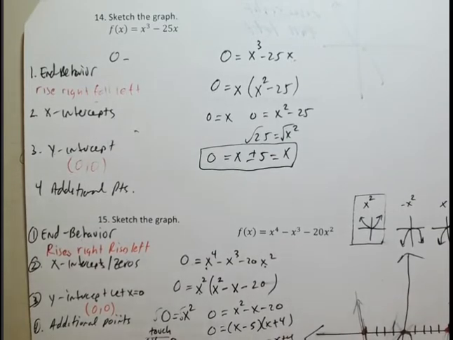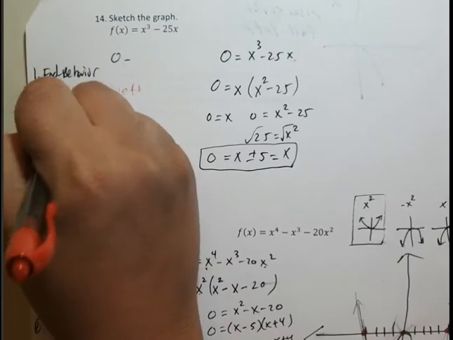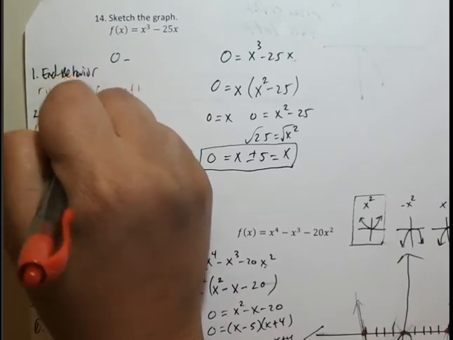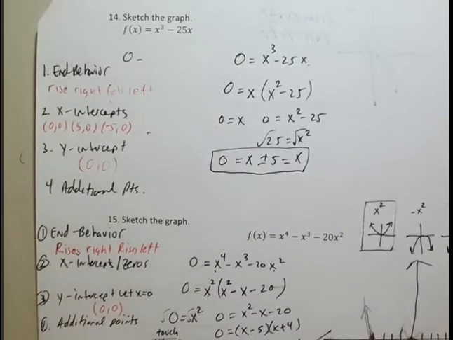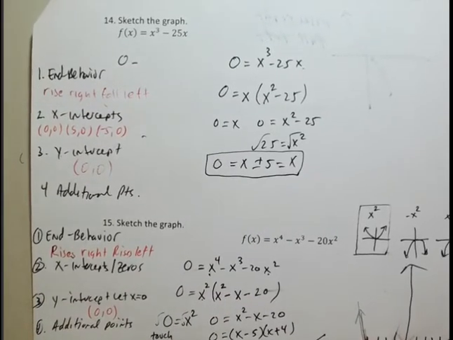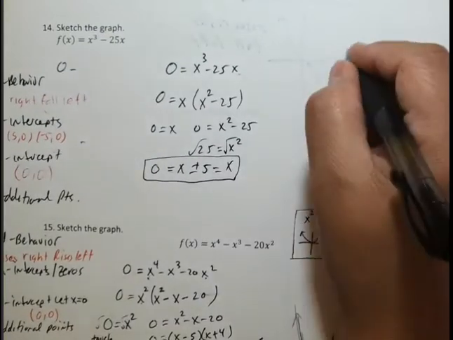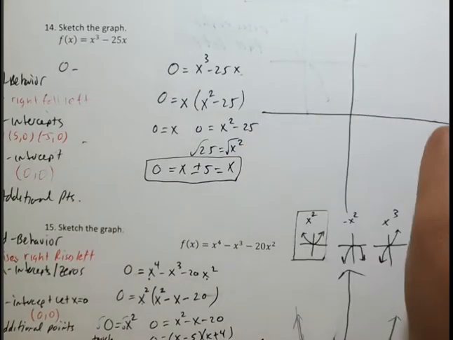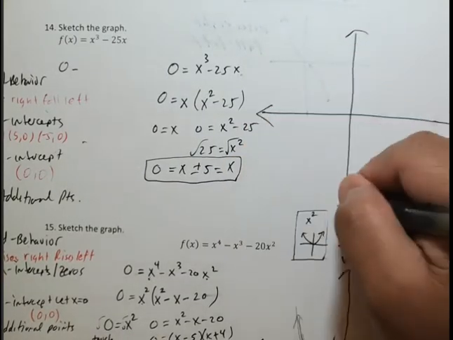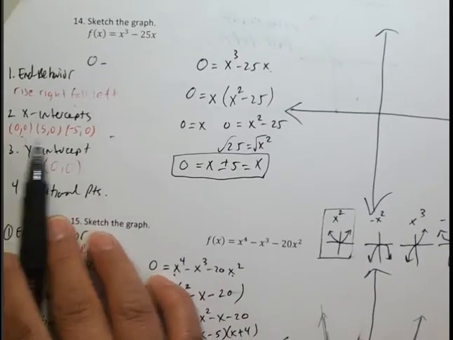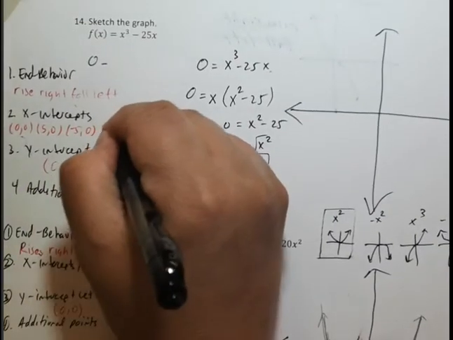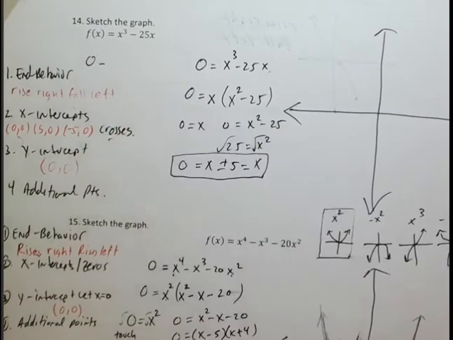So your zeros are 0, 0, 5, 0, negative 5, 0. And since all your zeros are only appearing one time, they're all going to be crossing, right? Crosses.